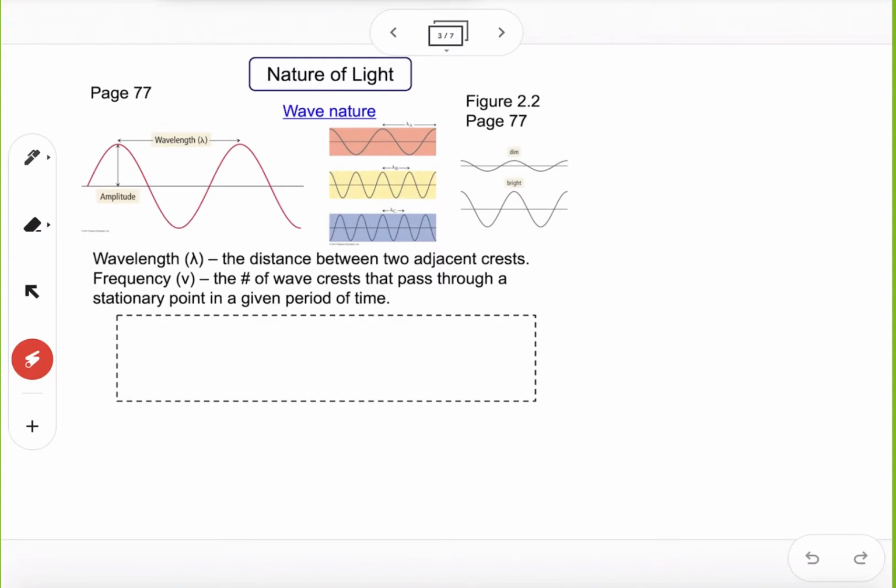So the red wave has the longest wavelength and the lowest frequency. The blue window has the shortest wavelength, but the highest frequency. You can notice now that frequency and wavelength are inversely proportional to each other.